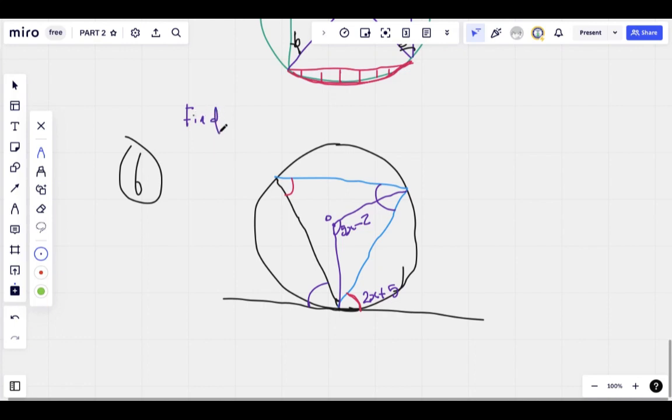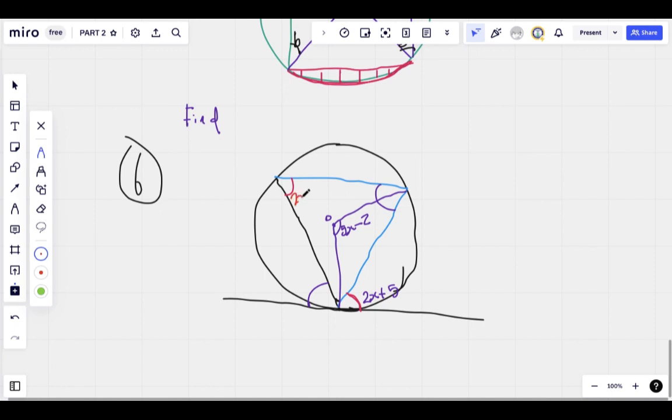We're going to use the theory we learned just now, that the exterior angle on this side is equal to the far opposite interior angle here. So this exterior angle, 2x plus 5, will be the same here. I'll write it with red pen. So the exterior angle 2x plus 5 is equal to the angle here, meaning here will be 2x plus 5.